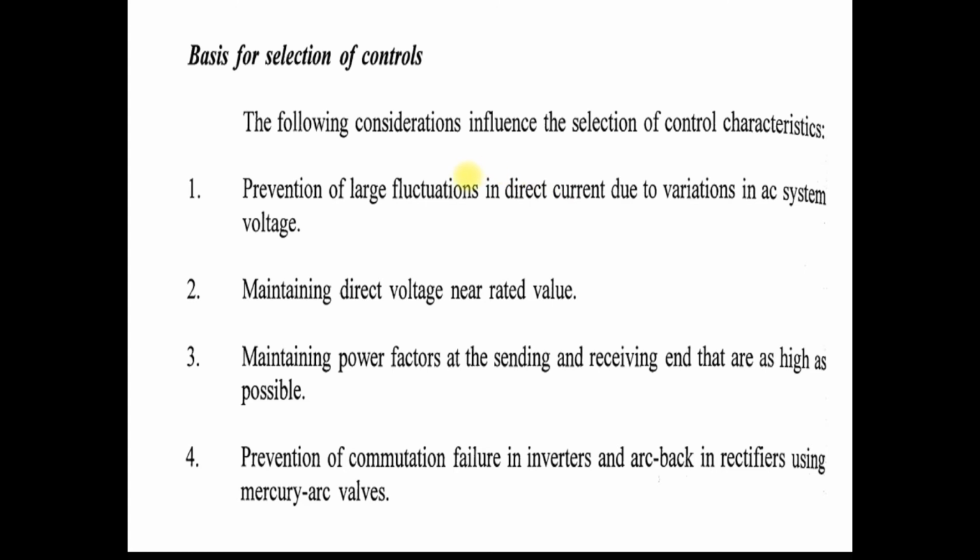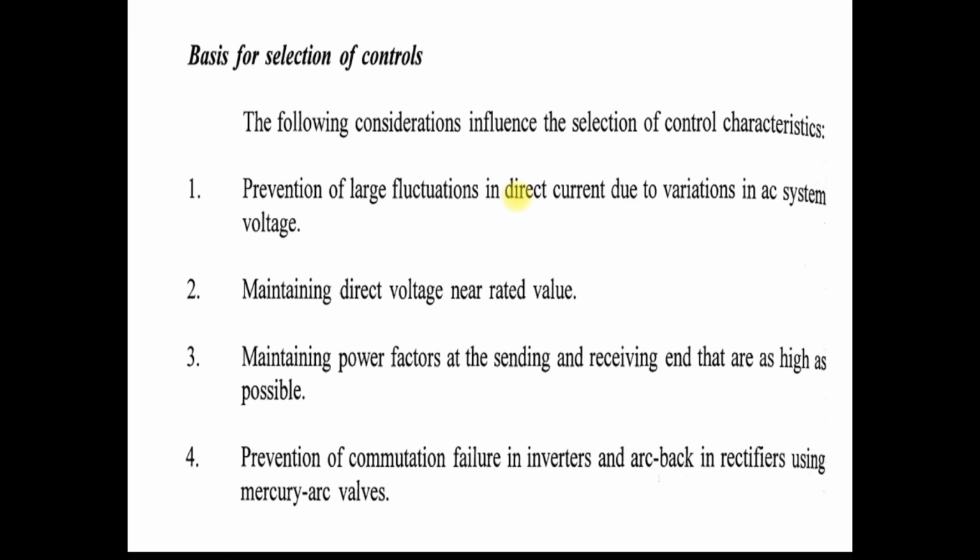So in this condition, you have to provide the proper control action so that you can maintain the direct current constant, because we know that in the HVDC system the direct current must be constant. So how to provide this control by using the converter? As I said, the controller of the rectifier is very efficient to provide these controls.